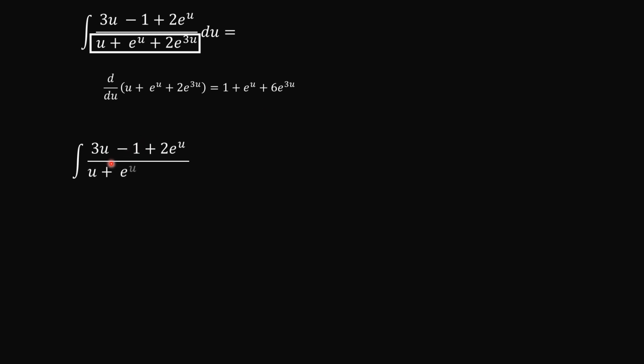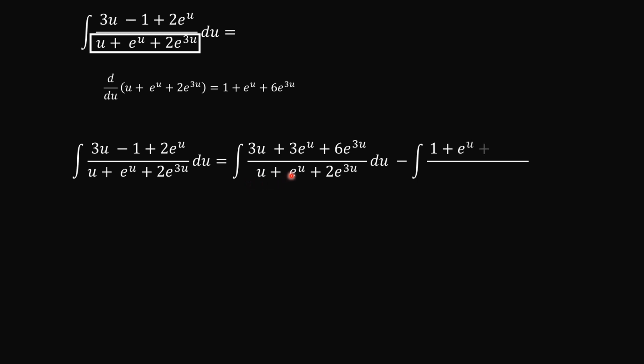So 3u minus 1 plus 2 times e to the power u, over u plus e to the power u plus 2 e to the power 3u, is the same as, we take the negative 1 this side, and the 3u remains here, and then we split the two e to the power u's, such that we have one e to the power u on this side, and since we are looking at the negative sign here, we have 3 e to the power u here, so that 3 e to the power u minus the e to the power u, we get 2 here.